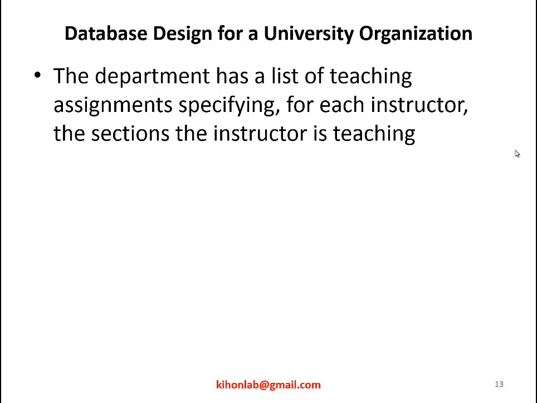So what are the entities that come into this picture in these statements? Department has a list of teaching assignments specifying for each instructor. So an instructor can teach one course or more than one course.